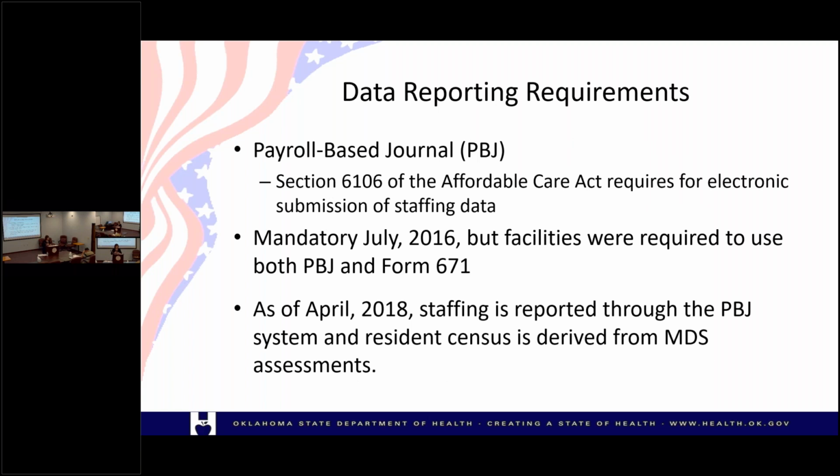Previously, they reported their payroll and staffing data on Form 671, but we no longer use that. We now strictly use the PBJ system. The reason it's much better is because it's reported more frequently, and also it can be verified back to the payroll records, because you're supposed to report the hours that were actually worked.